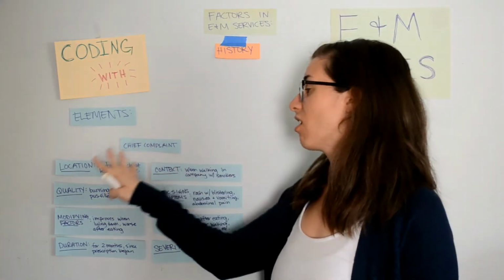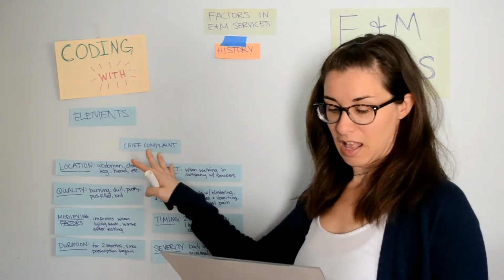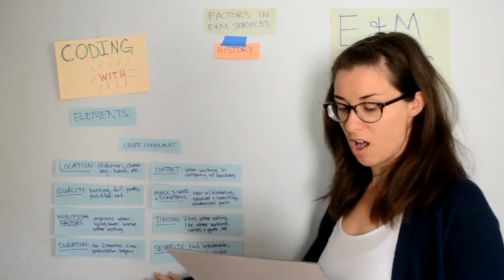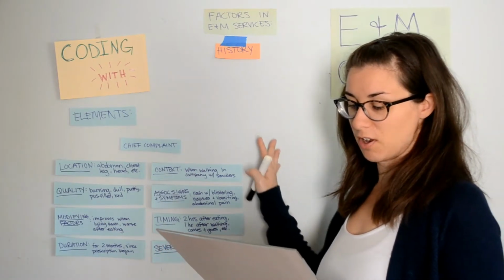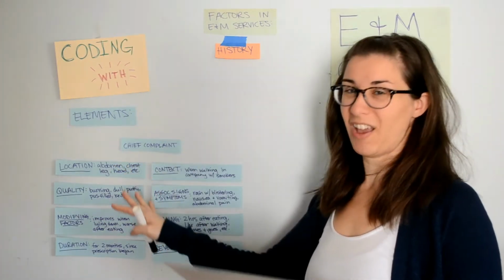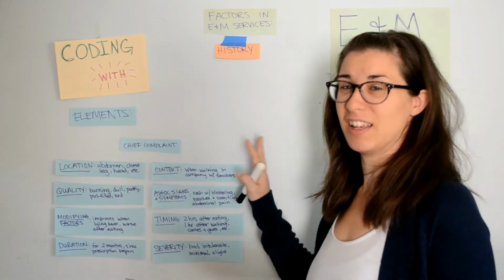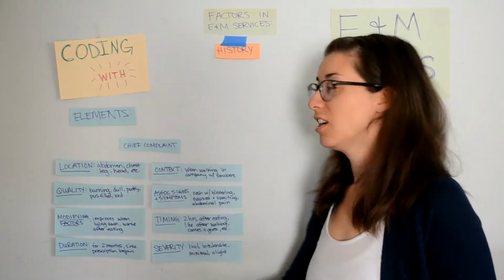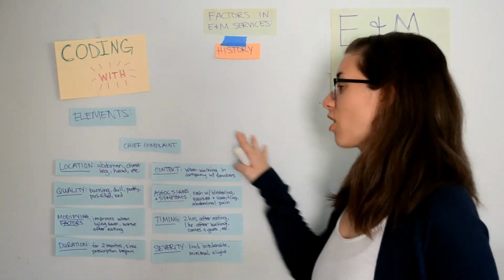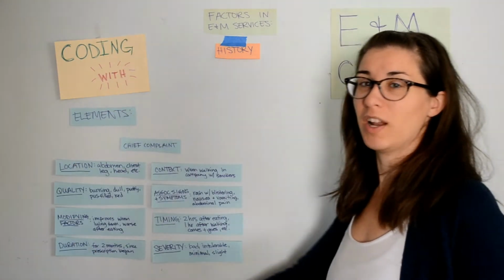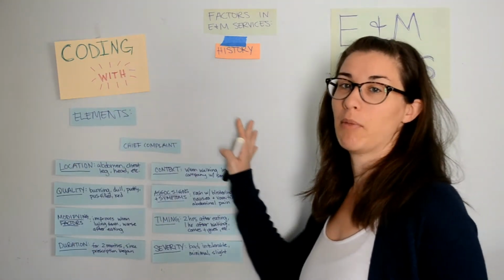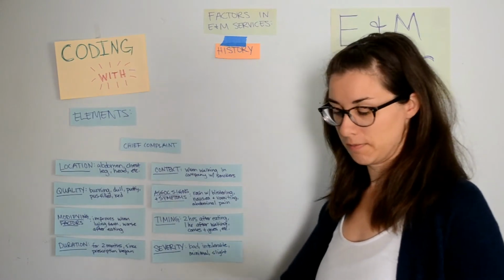So these are the different elements of the chief complaint, or they also call it HPI, history of present illness. So the describing information about what is presently ailing them and what occasioned the visit.